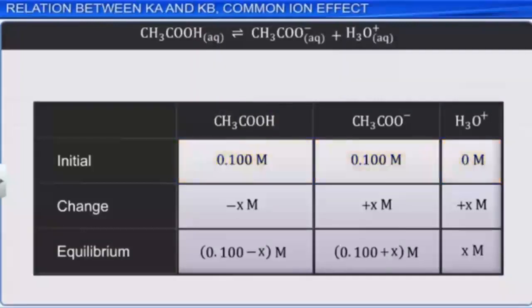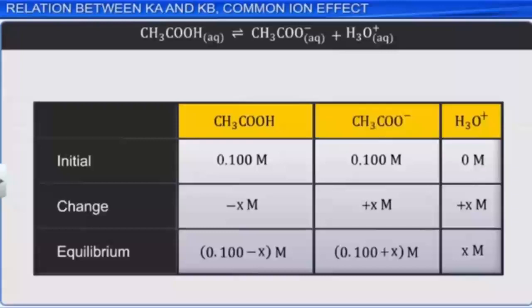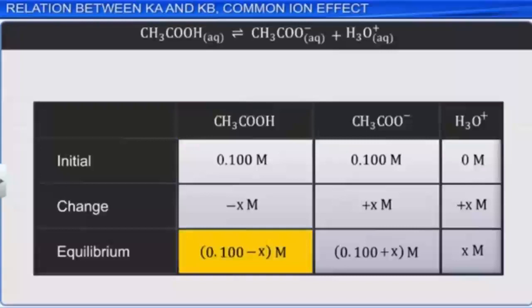The change in concentration after the dissociation of acetic acid is equal to minus x M for acetic acid, plus x M for H3O plus ion, and plus x M for acetate ion. The equilibrium concentrations of CH3COOH, H3O plus ion, and CH3COO minus ions are 0.1 minus x, x, and 0.1 plus x moles respectively.